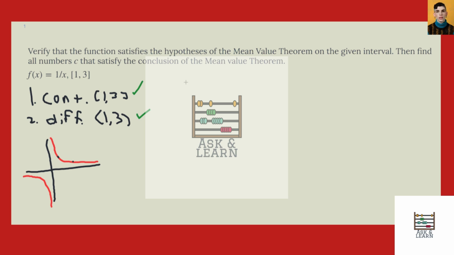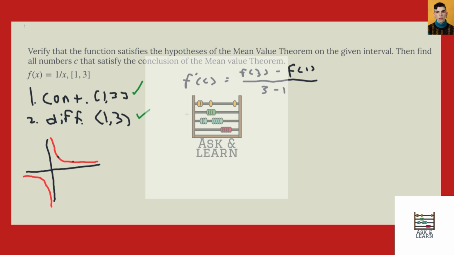And so the conclusion states that there is a number c such that the derivative of f of x at that point c will give us the same slope as the average slope in the interval from 1 to 3, which means that f of 3 minus f of 1 over 3 minus 1. That is how you find the average slope from 1 to 3.